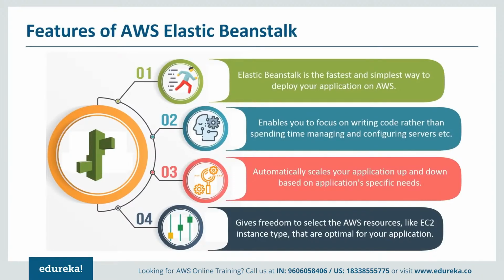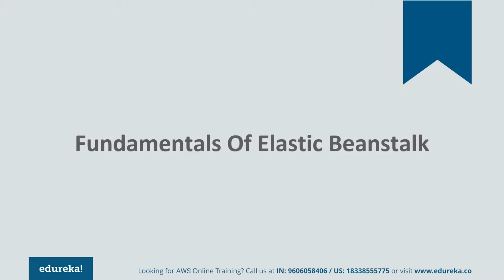Well, if you remember, if you use infrastructure as a service to deploy your application, you will have full control over AWS resources. Similarly, Beanstalk also provides you with full control over your AWS resources, and you can have access to the underlying resources at any time. Let's try to understand Elastic Beanstalk a little deeper.